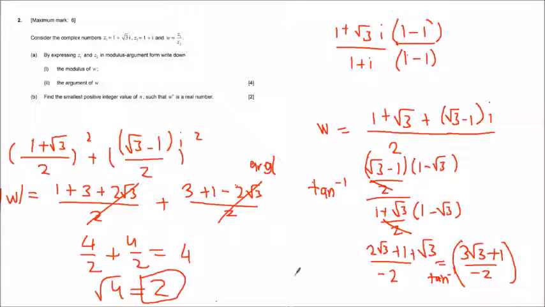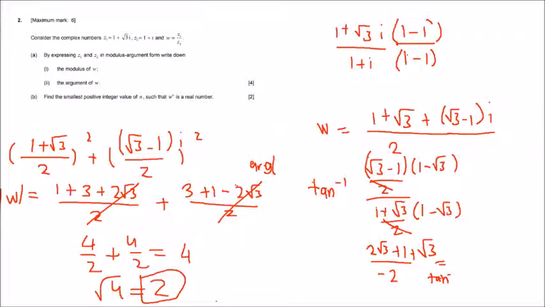That's a ridiculous, absurd inverse tangent. I don't even think it's right. Let me check one more time. Minus 1 times 1, that's minus 1. Yeah, it's not right.